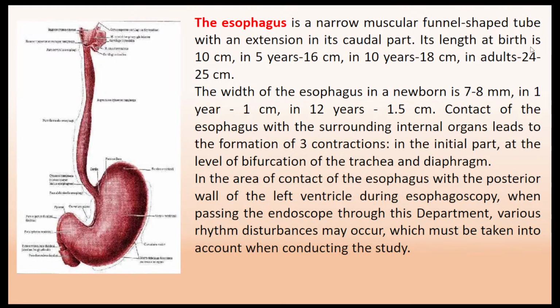Its length at birth is 10 centimeters. At 5 years old, nearly 16 centimeters on average. In 10 years, 18 centimeters. In adults, 24 to 25 centimeters. It's the length of esophagus.